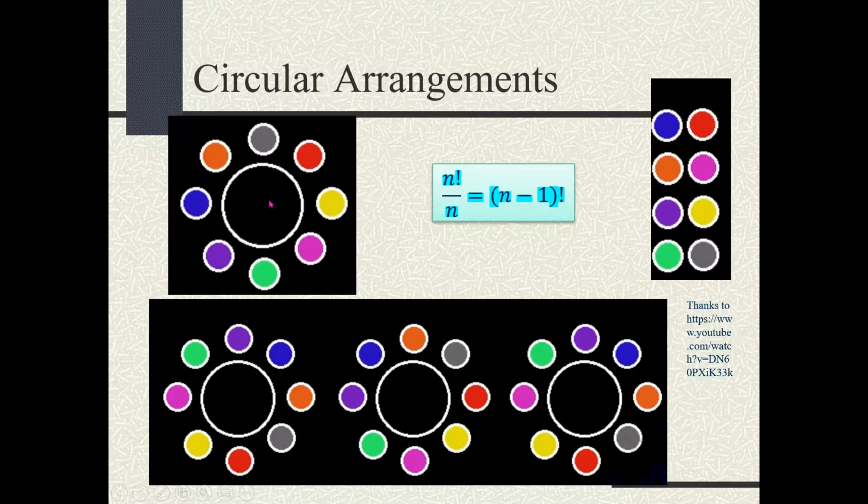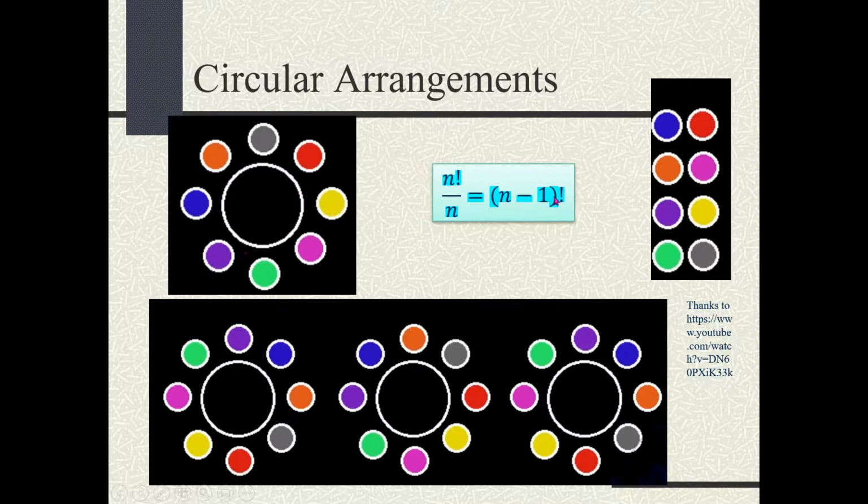Is this arrangement different from these 3? Apparently it seems different, but if you have a closer look, even here gray is followed by orange and blue and so on; this is again gray followed by orange and blue and so on. So these are necessarily the same, actually rotations of the given arrangement.